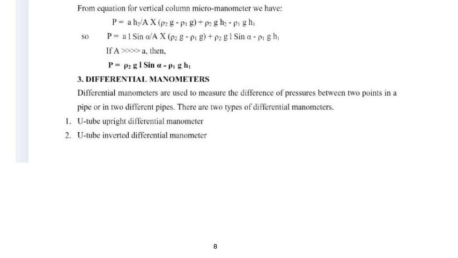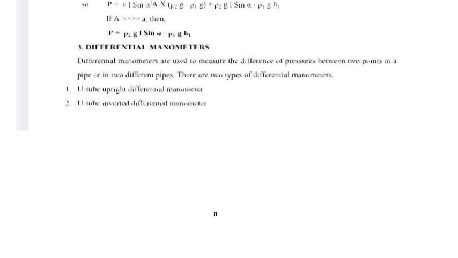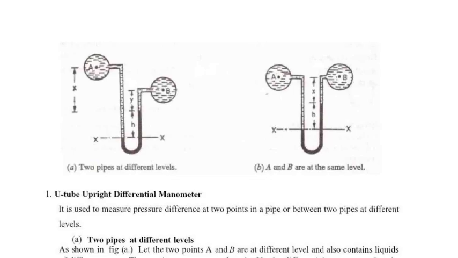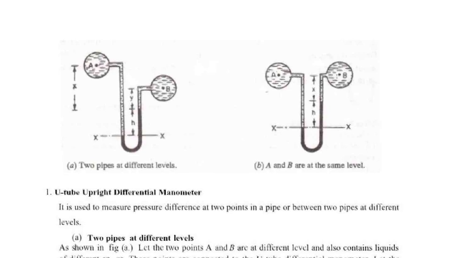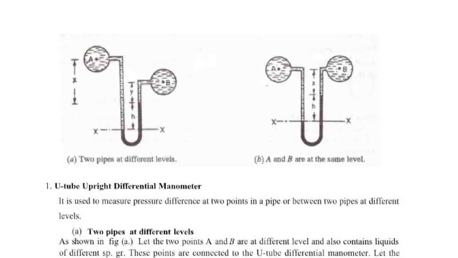Another type is the differential manometer. Differential manometers are used to measure the differential pressure between two points in a pipe or two different pipes. There are two types of differential manometer: the U-tube or upright differential manometer, and the inverted U-tube differential manometer. Two pipes at different levels, A and B, are at the same level.